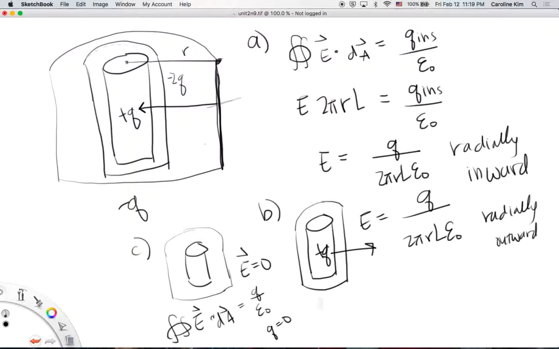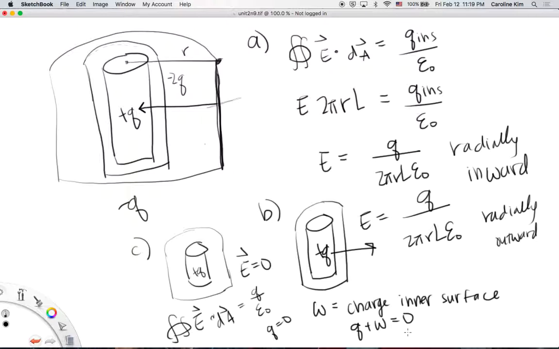So if we let W equal the charge on the inner surface of that shell, and we know that the charge of the cylinder is plus Q, then because our Gaussian surface is right inside that cylindrical shell, the total charge inside of our Gaussian surface is going to be Q plus W, and this has to equal 0 because the charge is just 0 on the inside of a Gaussian surface for any conducting material.